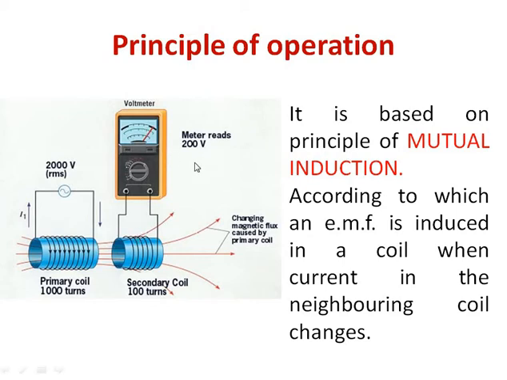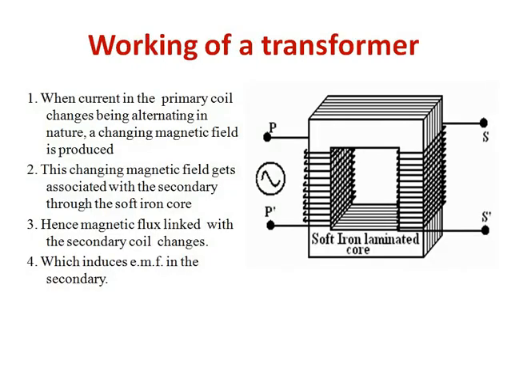Here the voltage you are going to get at the secondary coil, because the number of turns is 100. So the changing magnetic flux caused by the primary coil is based upon the principle of mutual inductance, according to which an electromagnetic field is induced in a coil when the current in the neighboring coil changes.